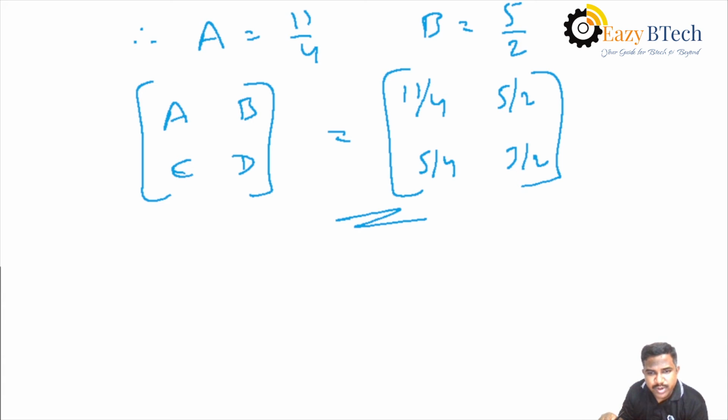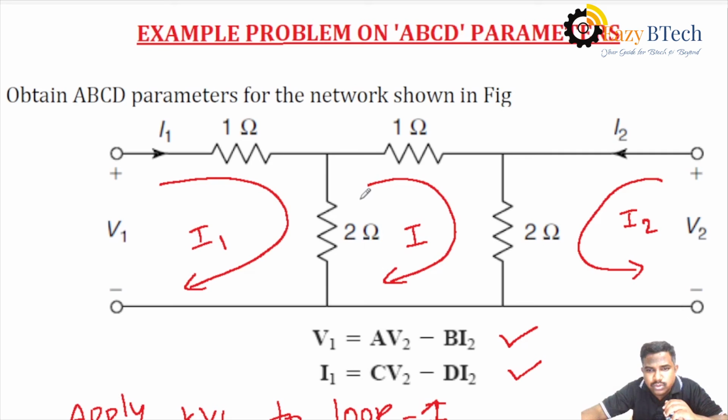If in the given problem V1 value and V2 values are not given, then you derive the equations of V1 and I1 in terms of the standard equation. Suppose in the problems V1 value and V2 source values are given, then you can find them according to the standard equation. How to find the A value?